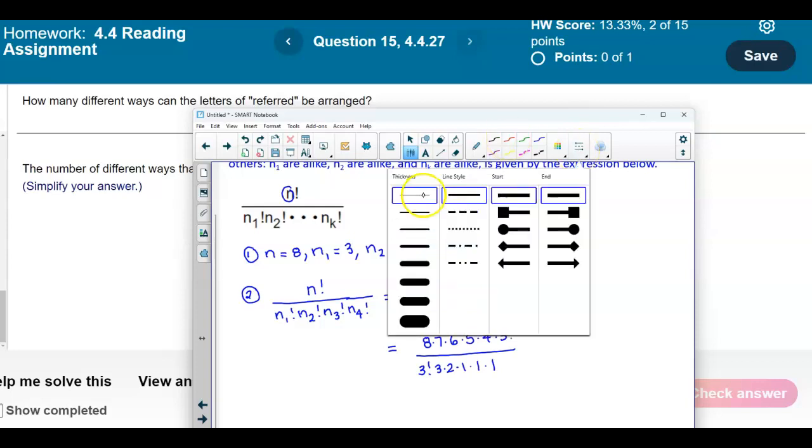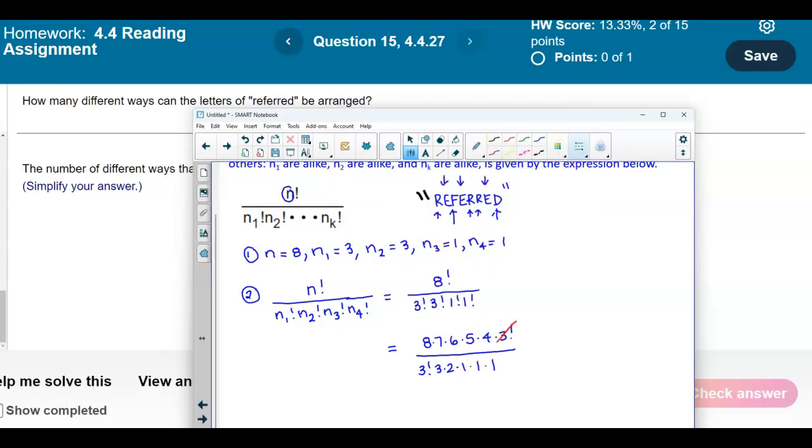Now let's simplify. We can see that 3 factorial divided by 3 factorial is going to leave us with 1. And we know that 3 times 2 is going to give us 6, and therefore 6 goes into 6 one time.